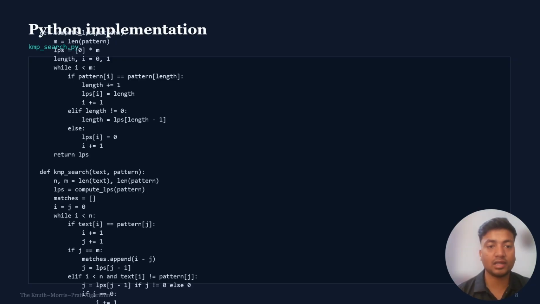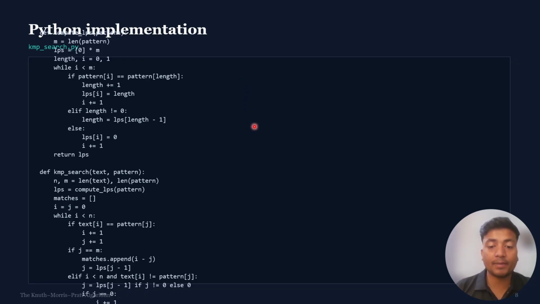In this slide we will learn about the Python implementation. This slide shows the Python code. The function compute LPS creates the LPS array. The function KMP search performs the actual pattern search.